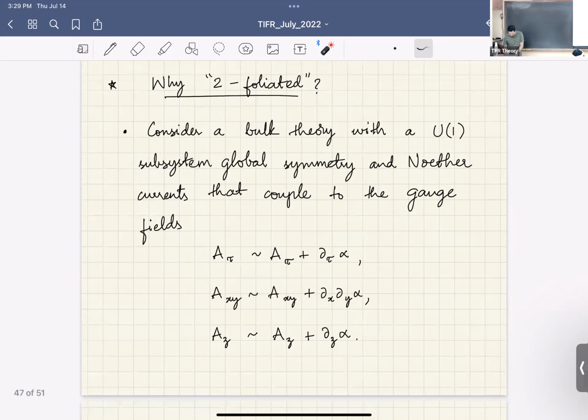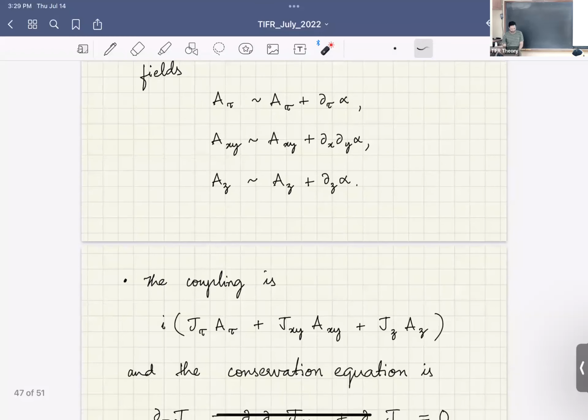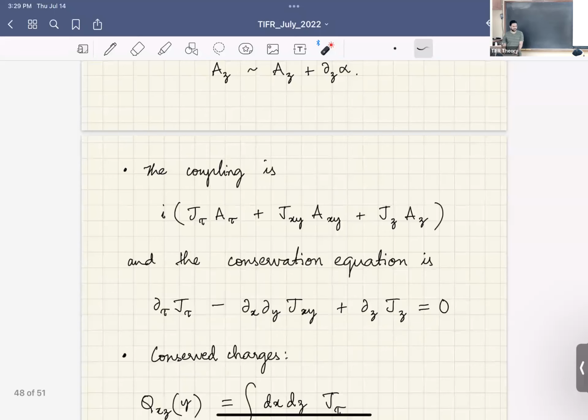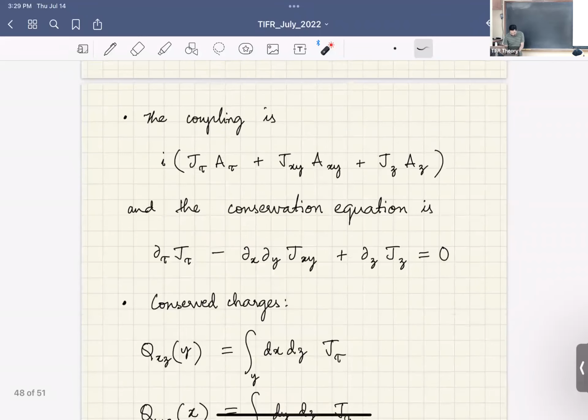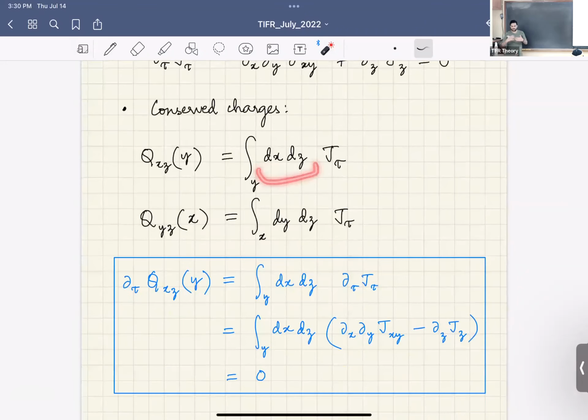The coupling is generally given by this. And looking at this gauge transformation, you can guess that the conservation equation should be of this one. Then you can construct the conserved charges. For each y, you can integrate on the xz plane, and that gives you a conservation. So for each y there is a conserved charge, and similarly for each x there is a conserved charge.